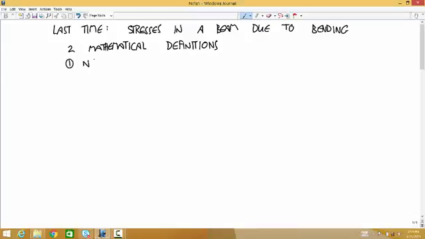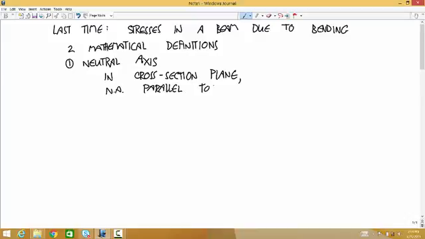The first one was the neutral axis. In the cross-section plane, the neutral axis is parallel to the z-axis. In other words, horizontal.